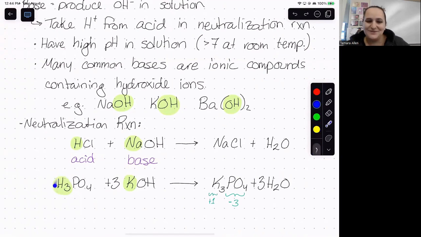Since we had 3 acidic hydrogens that needed to be neutralized, we need 3 moles of hydroxide in order to do that. Each hydroxide ion in our base is only able to grab onto 1 hydrogen ion, and we had 3 in our acid. So to completely neutralize 3 acidic hydrogens, we need 3 hydroxides, and that is reflected in the formula of our products as well.